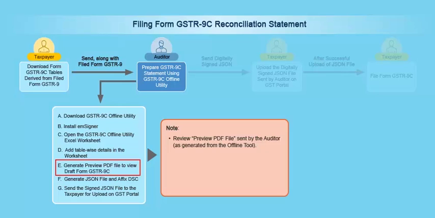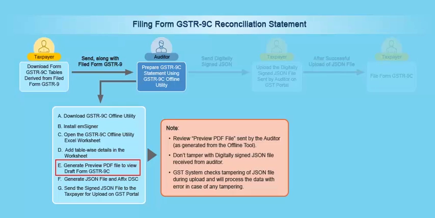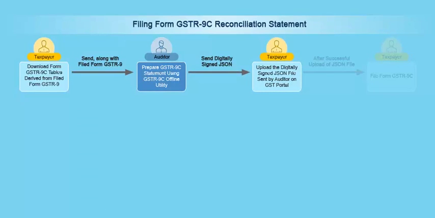It will contain details for you to review and verify. In case of any discrepancy, ask the auditor to make corrections, sign and send the updated JSON for upload. Once you receive the signed JSON file from the auditor, make sure you don't tamper with it. Let's see how you can successfully upload the signed JSON file sent by the auditor.